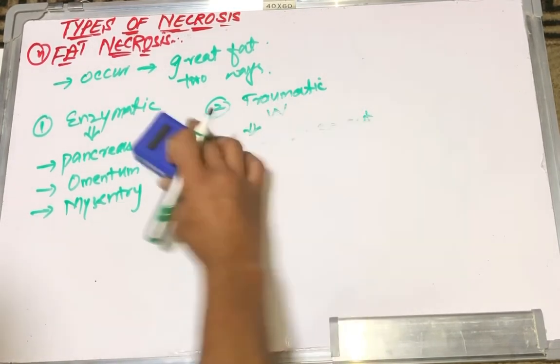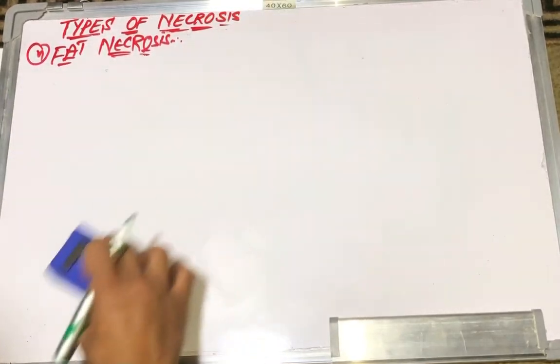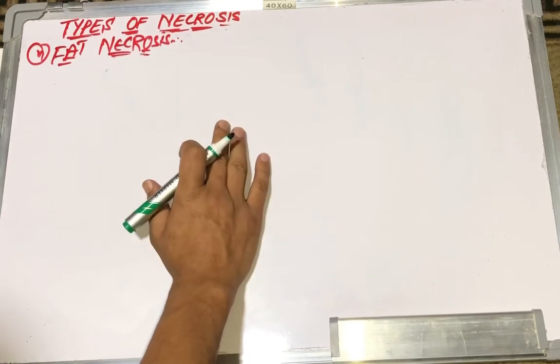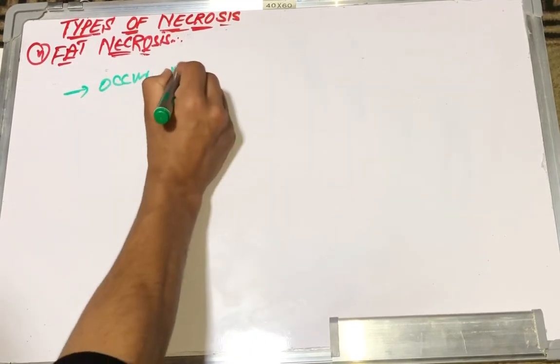So fat necrosis occurs in 2 ways: by enzymatic action and by traumatic action.